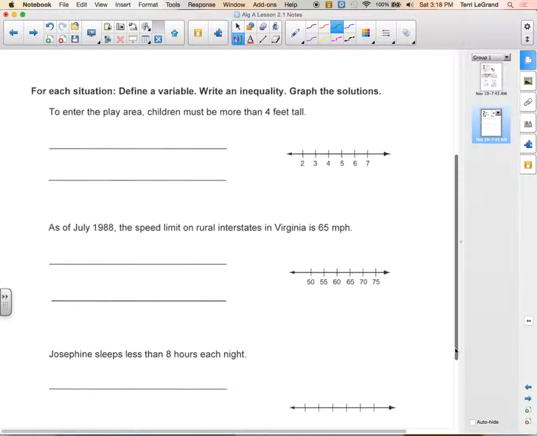So what would all the numbers that we're going to end up in our solution region, in our graph, going to represent? Well, let's use h, because what is unknown this time is the height of the child.